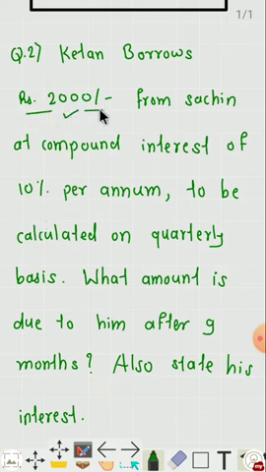This is the rate of interest. Quarterly basis, what amount is due to him after 9 months. And this compound interest is calculated on quarterly basis.